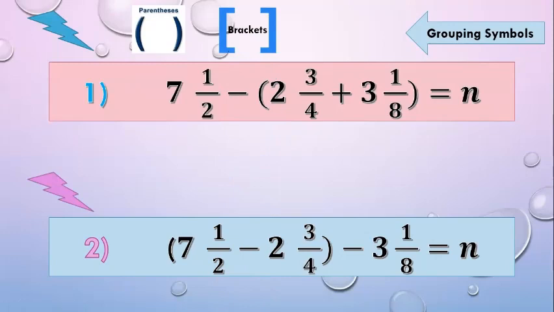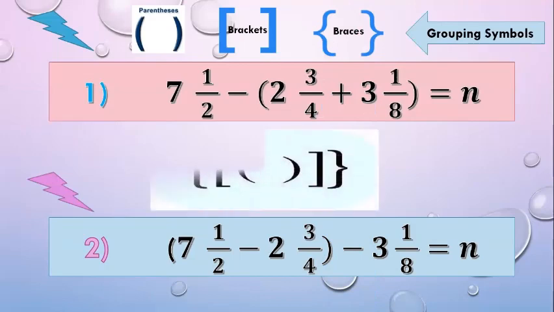It should be paired, and the braces. And it will look like this. Okay, this would be the arrangement. The innermost must be the parentheses, followed by the brackets, and lastly the braces. Okay.